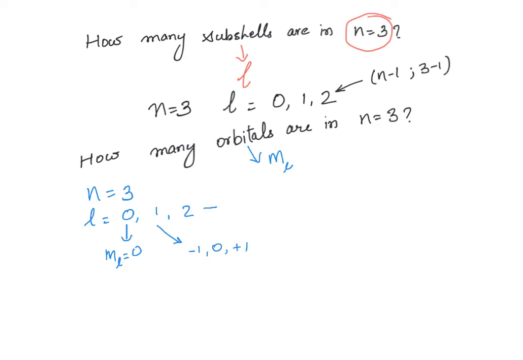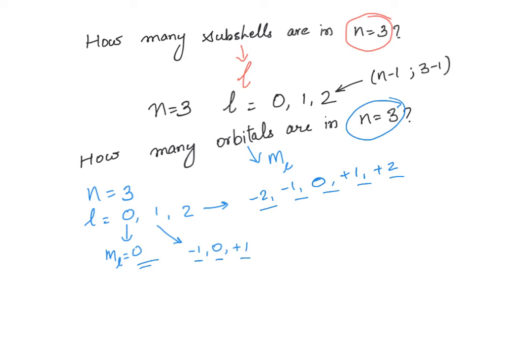And in this case, m sub L are -2, -1, 0, +1 and +2. So there are totally 1, 2, 3, 4, 5, 6, 7, 8, 9 orbitals in a single shell n equals 3.